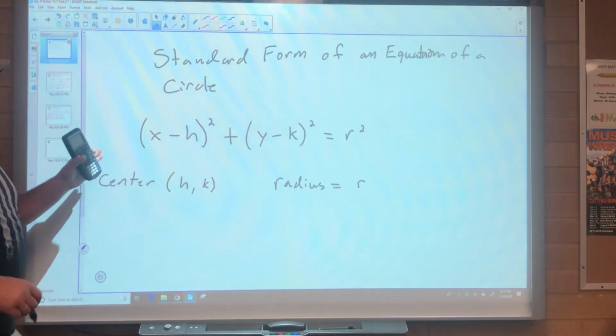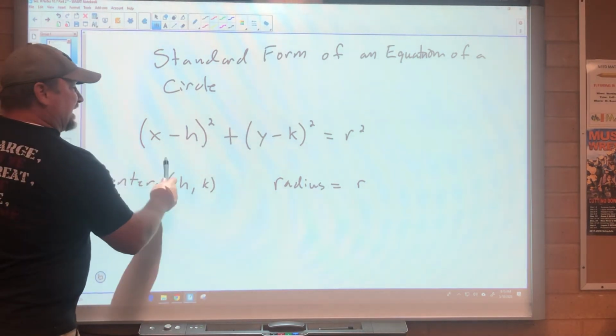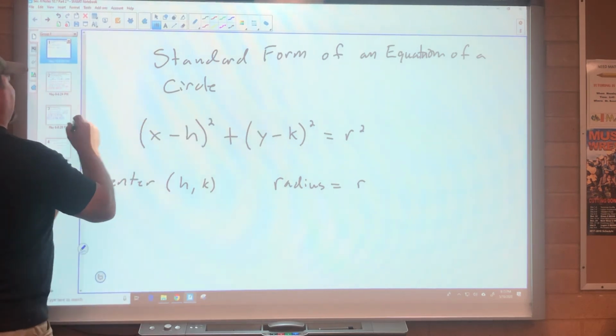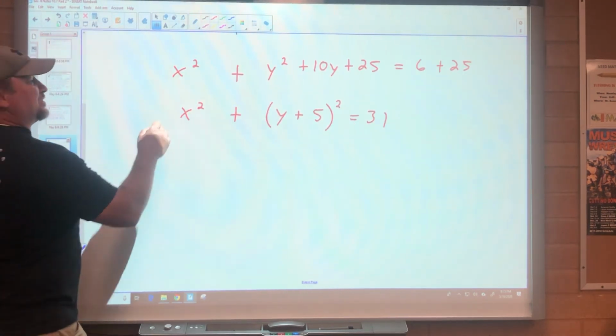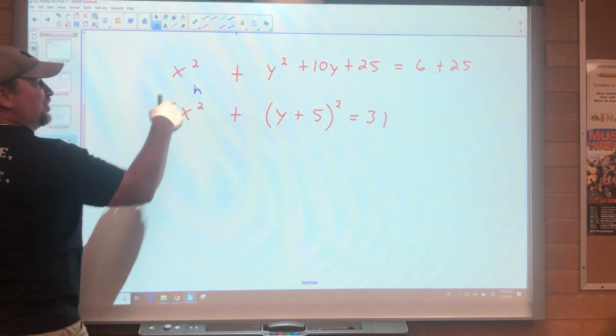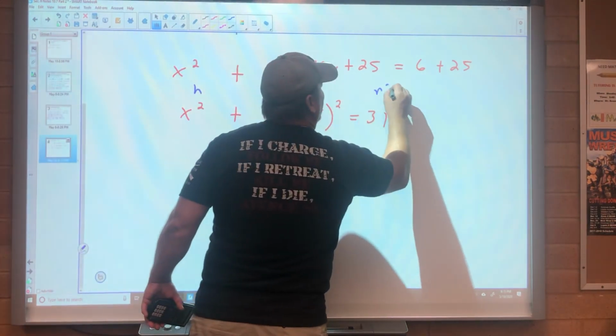But remember, it can be like that in parentheses or just the x squared or just the y squared. Now, do we remember what the h value or the k value is when there's no parentheses? I hope so. It's 0. H, if there's no h, it's 0. K and r squared.